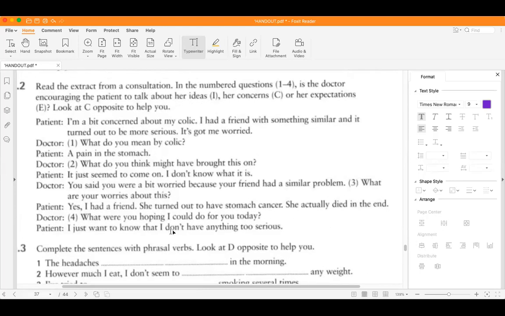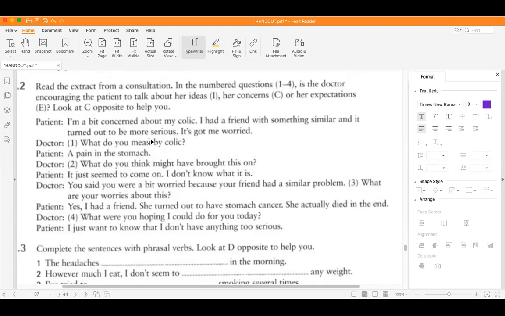Here we will read this conversation and we will say whether this talks about the patient's ideas, concerns, or expectations. I'm a bit concerned about my condition. I had a friend with something similar and it turned out to be more serious.